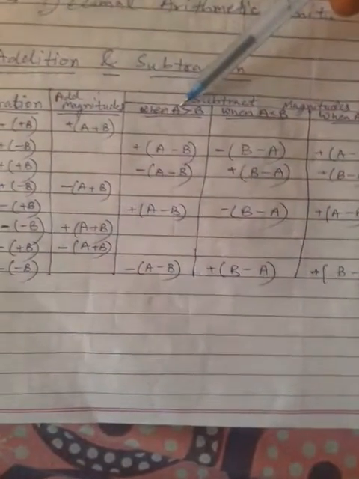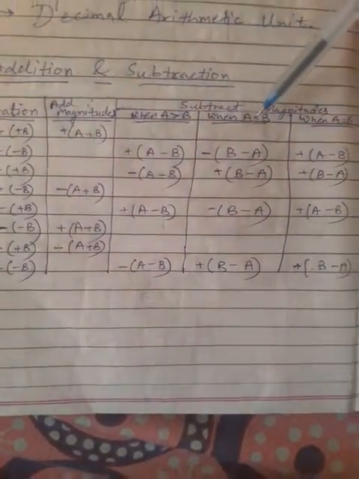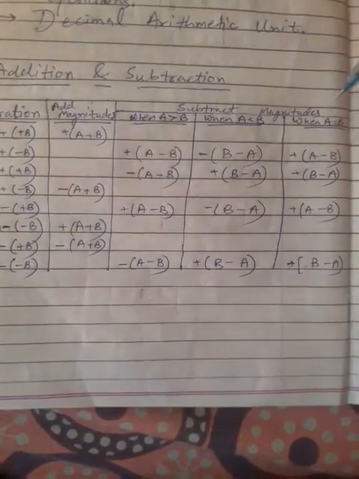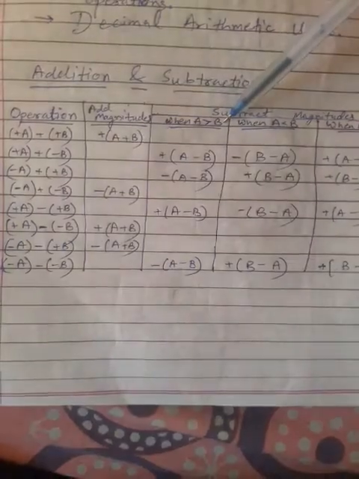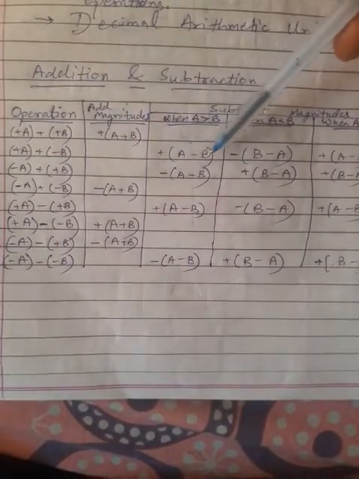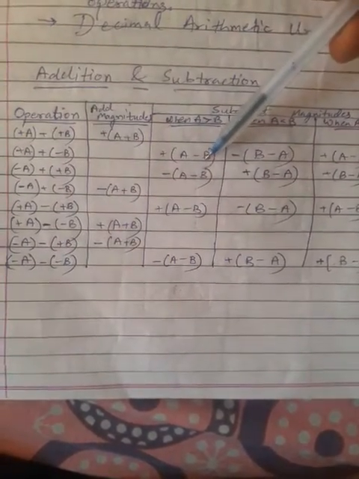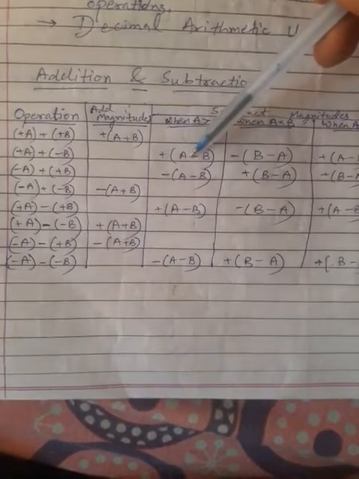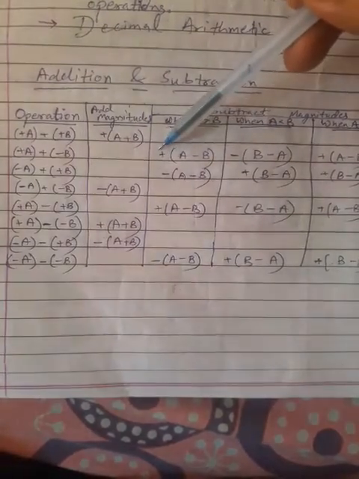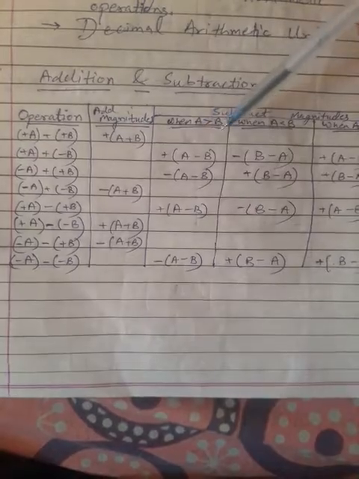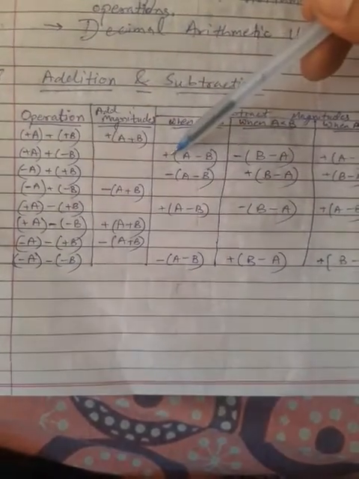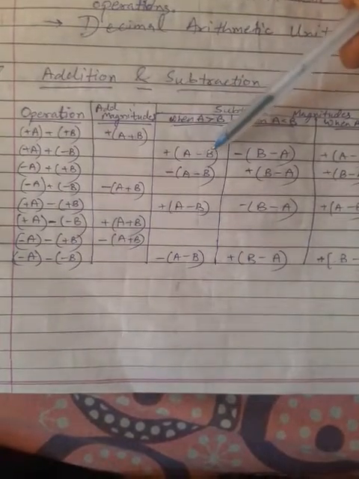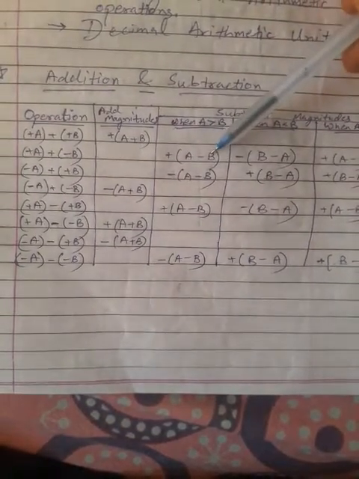The first condition is a is greater than b, the next is a is less than b, and the third is a is equal to b. When a is greater than b, we have to look at the bracket, where the number should be positive, and according to that we give the sign outside. Here a is positive, so the plus sign will be outside, and a minus b will give a positive number.